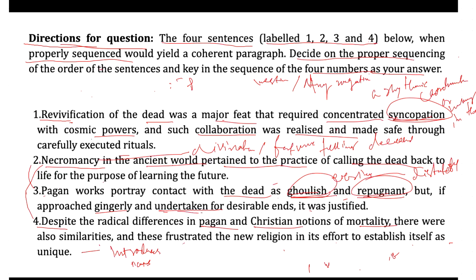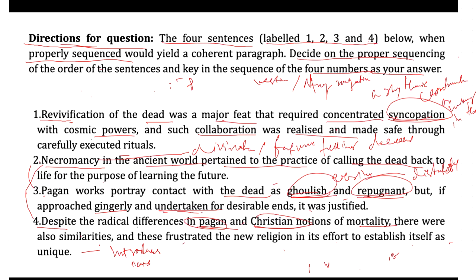So you start with pagan and Christian notions of mortality, then talk about necromancy and then pagan works, emphasizing the negative view but also suggesting that it could be justified for a specific purpose.